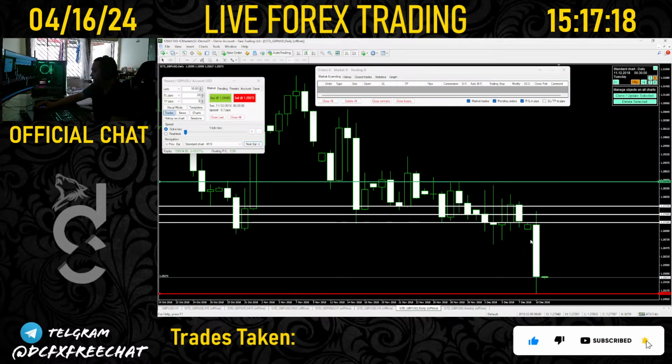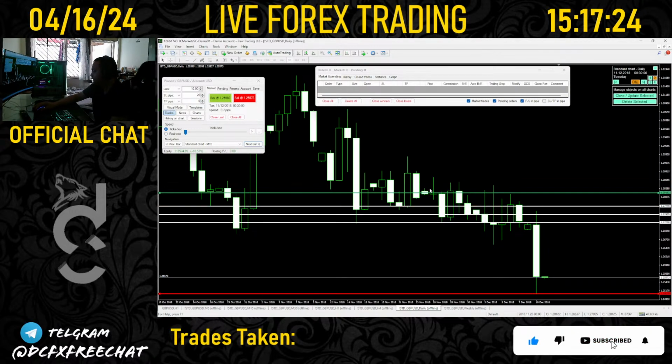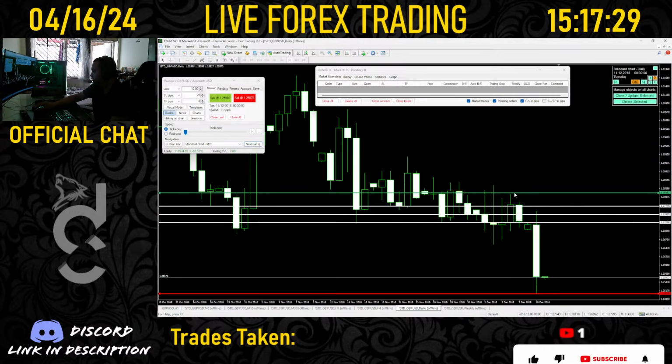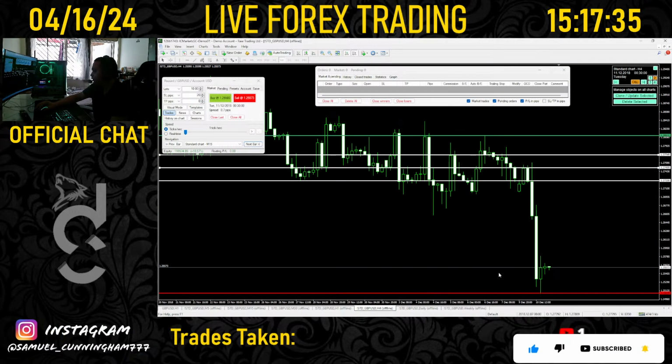This low, the highest point before this low was pretty much this high right over here. So previously we came down, we created this low, we went up. This is the highest point after that. The rest of it I'll clone it as we go along.